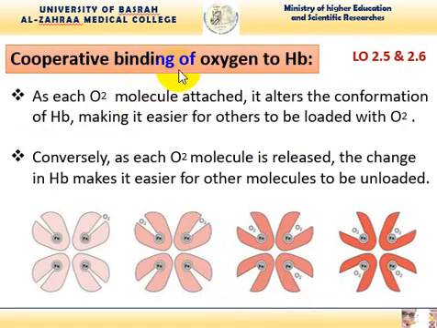Cooperative binding of oxygen to hemoglobin. This feature changes the conformation of hemoglobin, or changes the state of hemoglobin from the T state to the R state. When an oxygen molecule binds to the first heme, this alters the conformation of the hemoglobin and allows the other units to bind oxygen, which means changing the state of the hemoglobin from the T state to the R state in order to bind more oxygen.